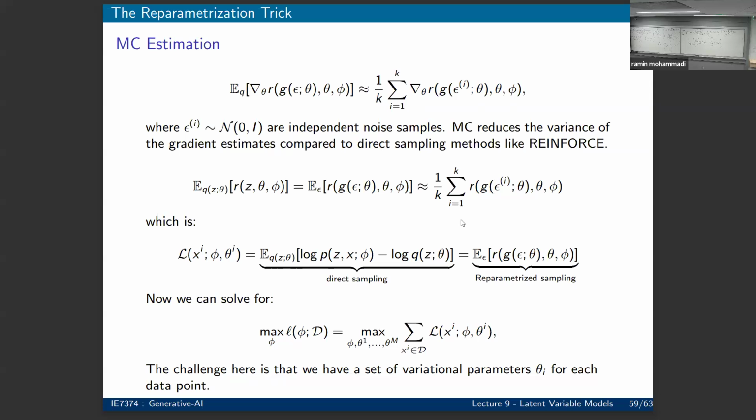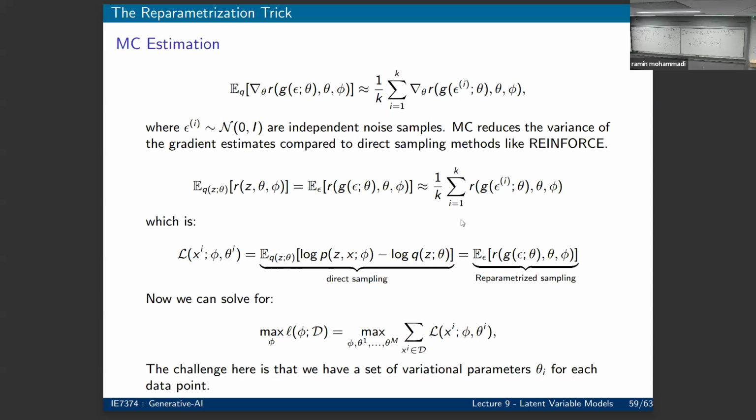So that becomes the average of gradients, instead of the gradient of the average. And still you have this loss function: with direct sampling, and with reparameterization, this becomes this. You can do the same thing over this one instead of this one. So this is what we had before with direct sampling, and this is what we have with reparameterization sampling.